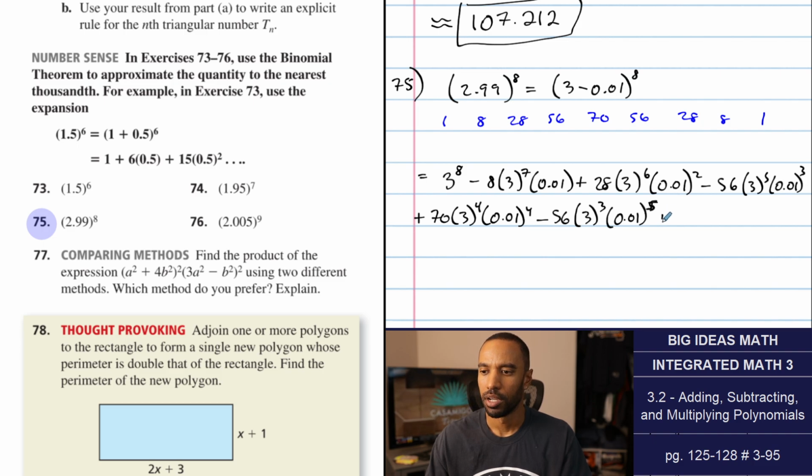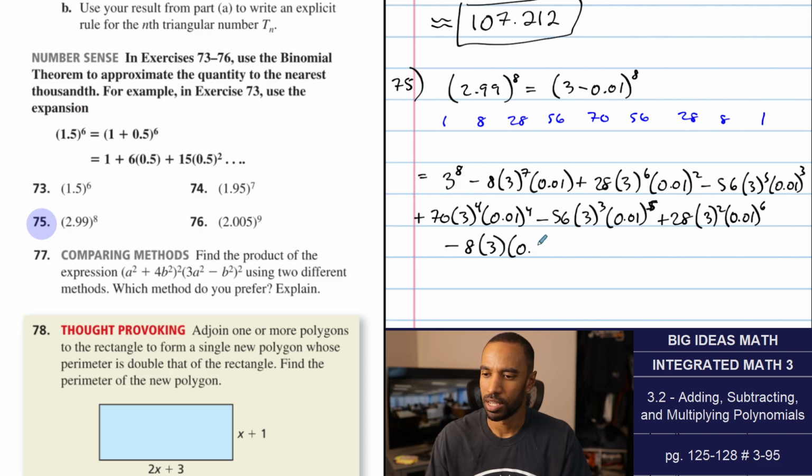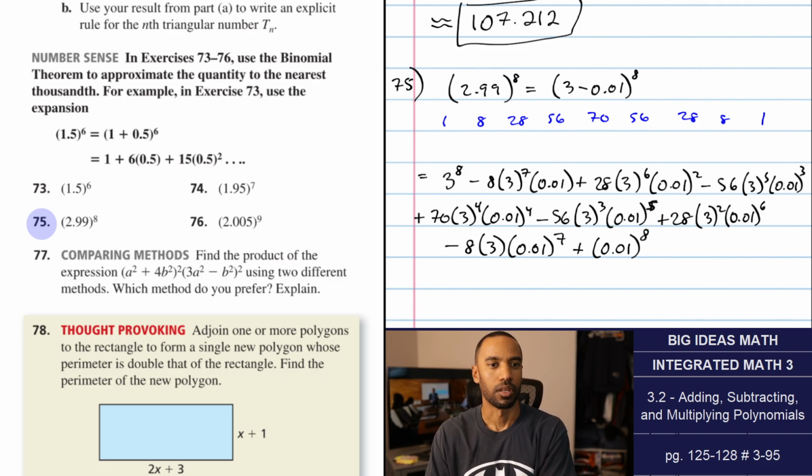Keep looking at the wrong number. Plus 28 times 3 squared times 0.01 to the 6th minus 8 times 3 to the 1st times 0.01 to the 7th plus 0.01 to the 8th. Okay, let me use the calculator.